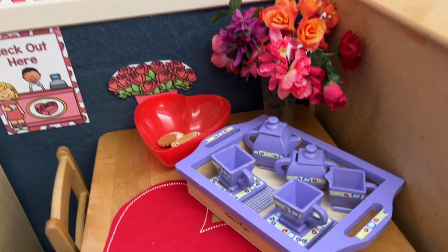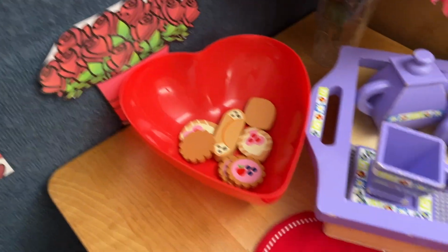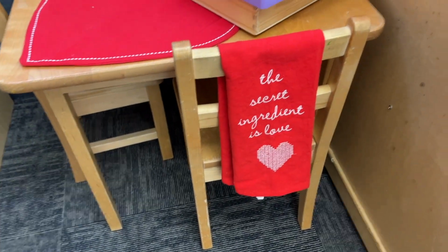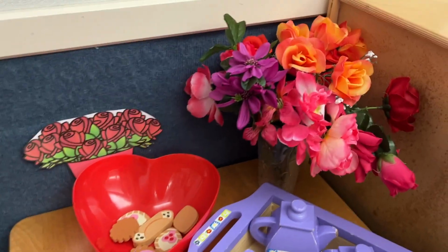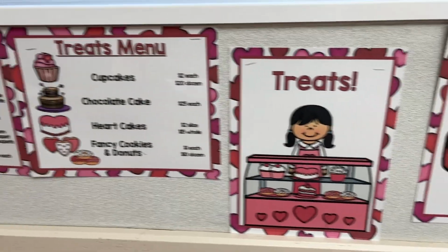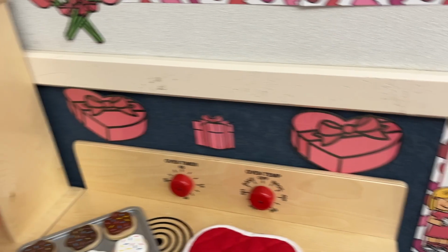You can sit here and have tea and cookies. I've got this little heart bowl, this heart placemat, a cute Valentine dish towel. Funny thing, they've wanted to play with these flowers more than anything. I don't know why. Here is my Valentine treat signage, and I also have printable props.